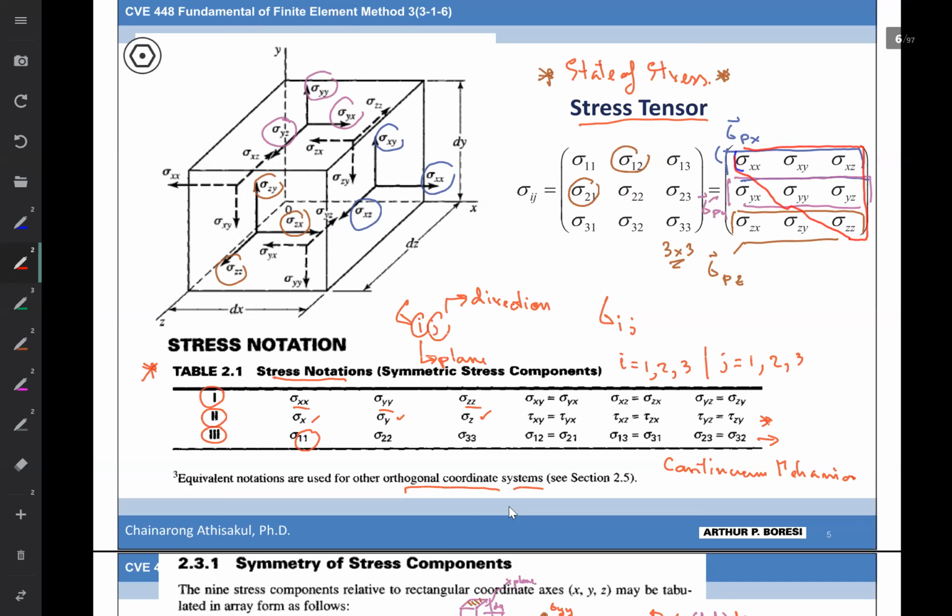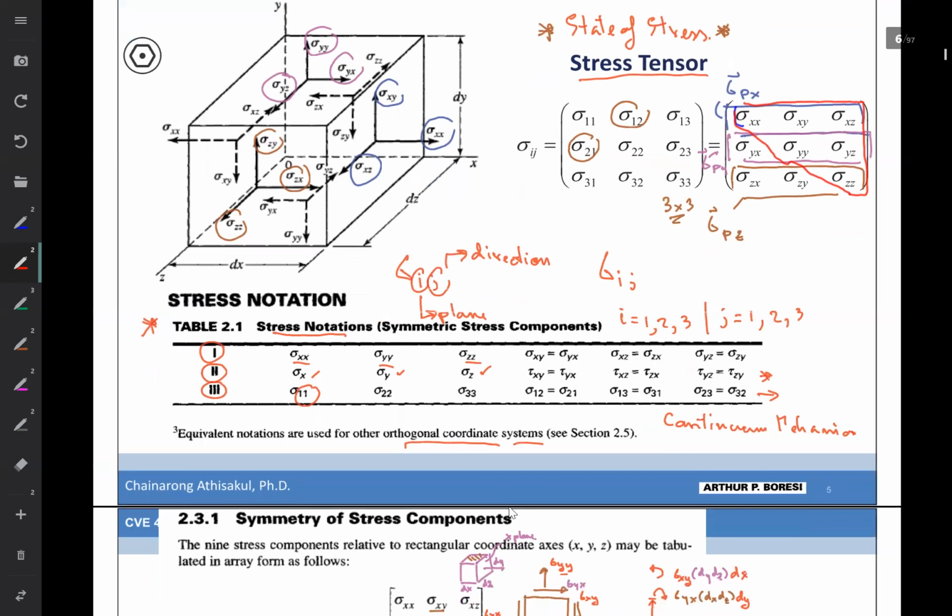Okay, and in order to write the state of stress in correct notation, we have to use just these 3 types of notation.